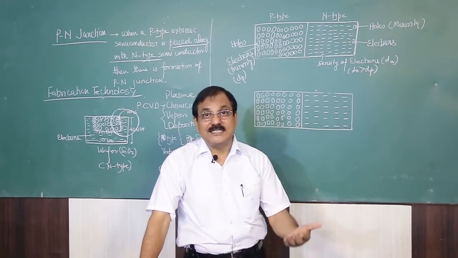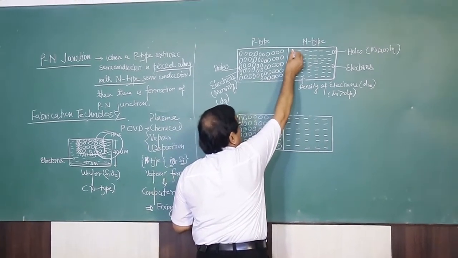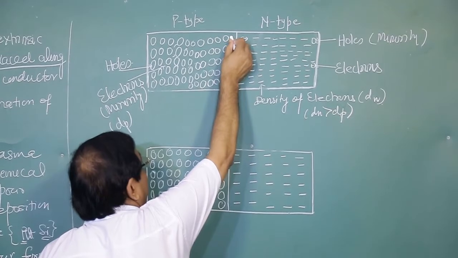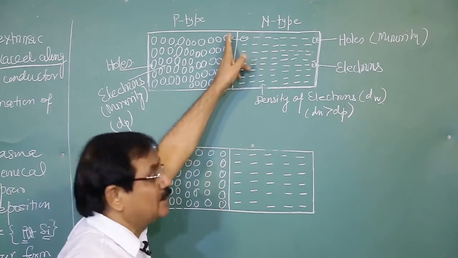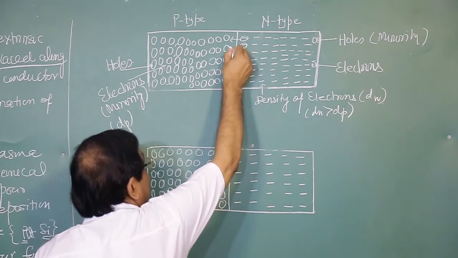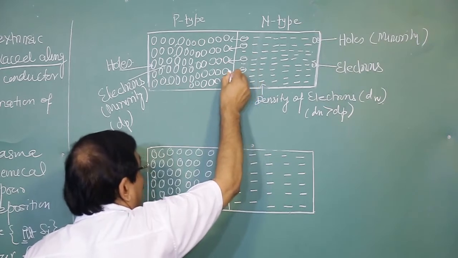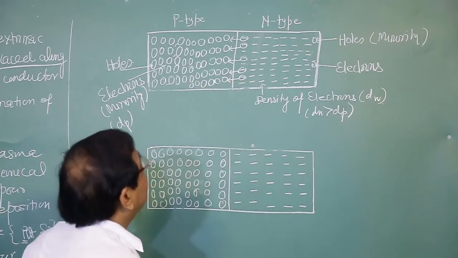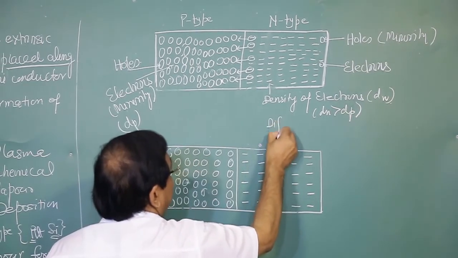The rate of diffusion is directly proportional to the density difference. So, these electrons across the junction try to diffuse, moving from the n side to the p side, because here it is high density and here it is low density. This process is known as diffusion.